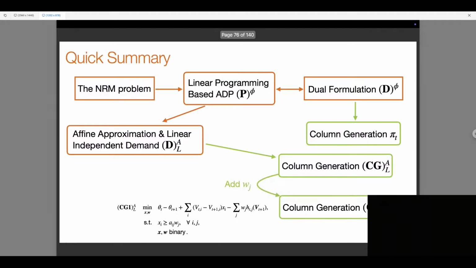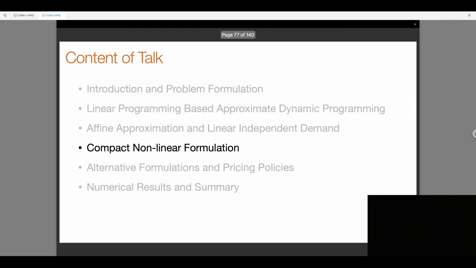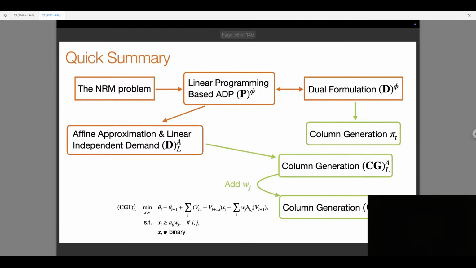Then we add the wj into this problem to get the CG1AL that could be used in the column generation with much faster computation.